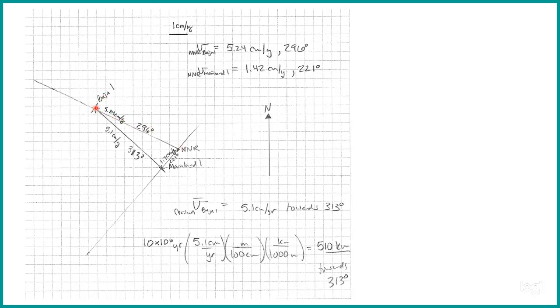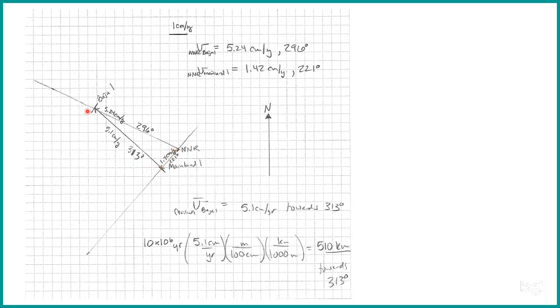So here's that vector. And then the Mainland 1 point, which was directly east of that on the mainland, is moving at 1.42 centimeters per year in an azimuth of 221 degrees. So here's the vector for that.